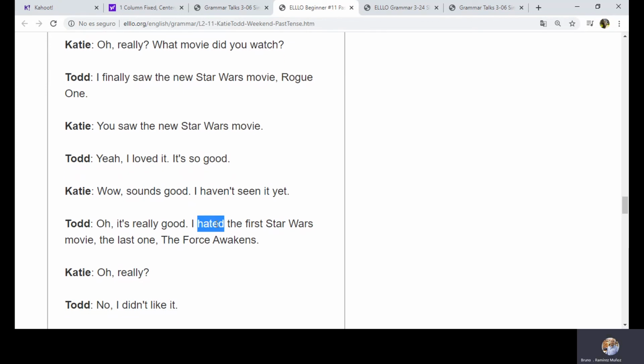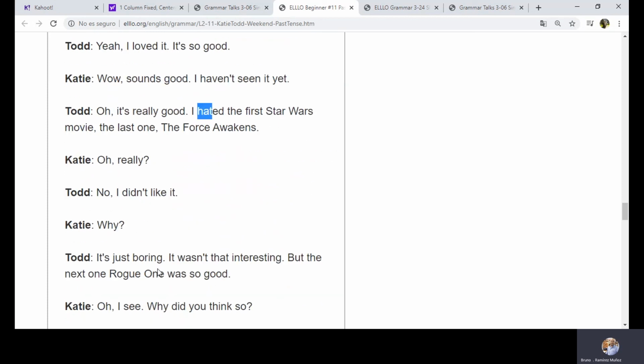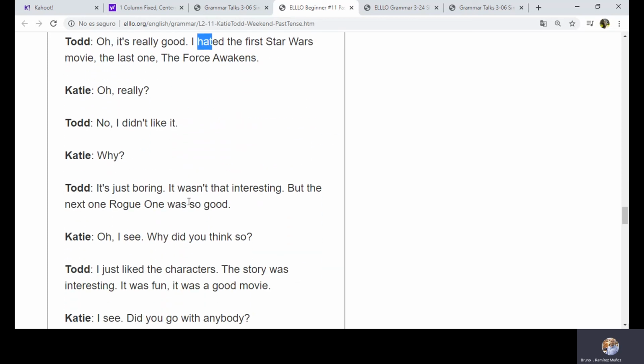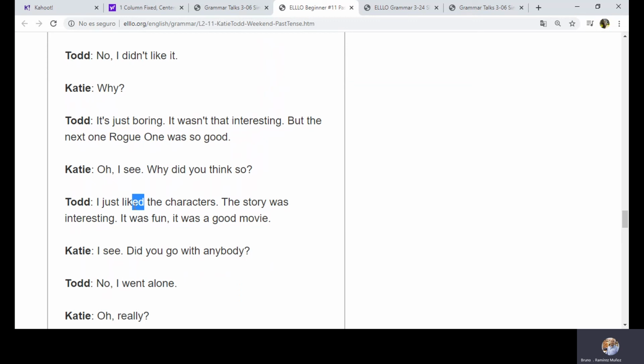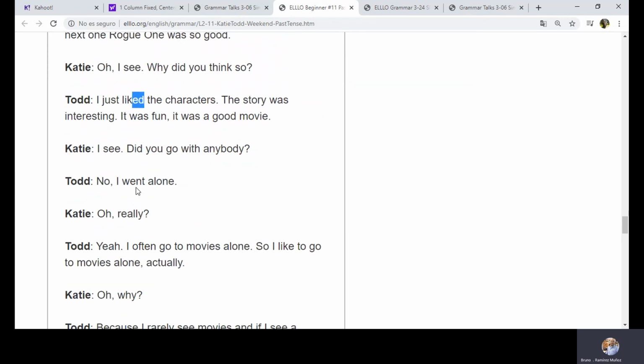Then we have hated, right? Hate, hated. Then wasn't again, liked, like. I just like the characters. I just liked the characters, liked. So you need to end this verb with that t sound, right? Liked. Then we have went.